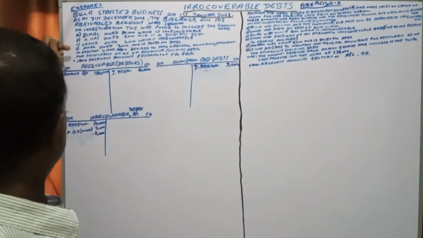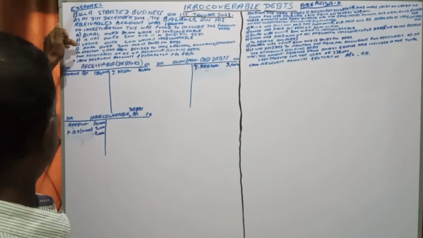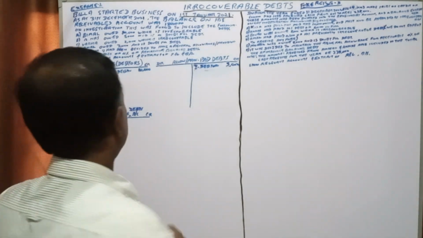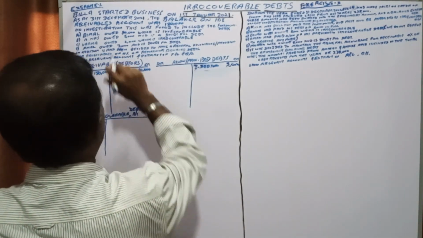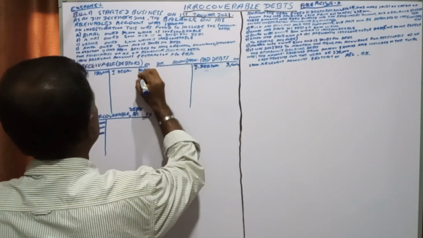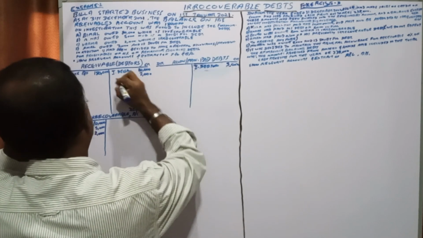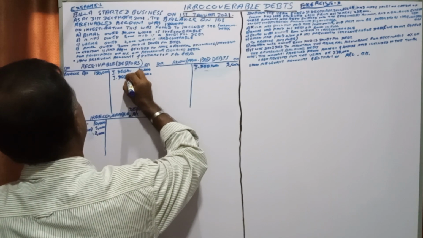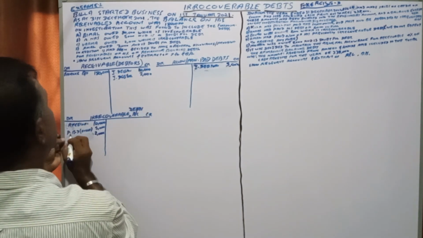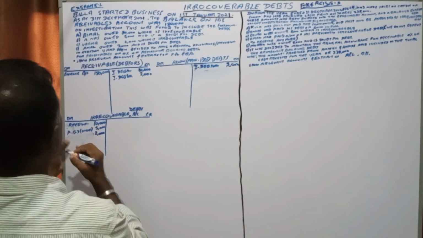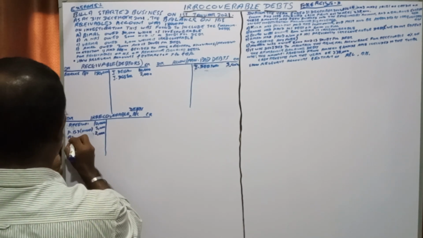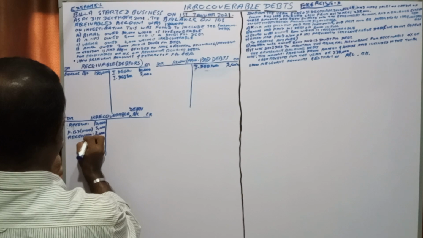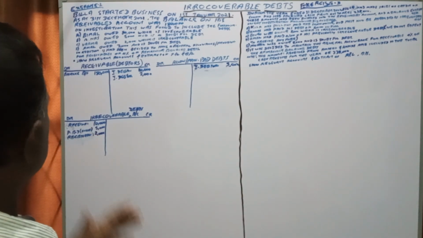Here we will say number C is Varma of 2,000, which is irrecoverable. Irrecoverable means we cannot recover, right? So Varma of 2,000, which is irrecoverable, is credited to receivable debtors, 2,000.